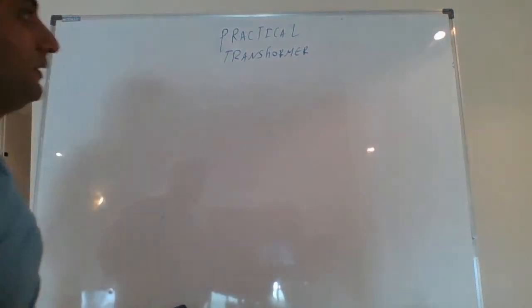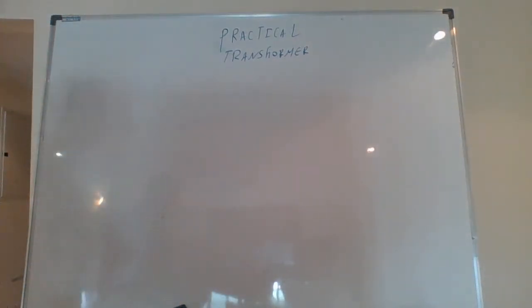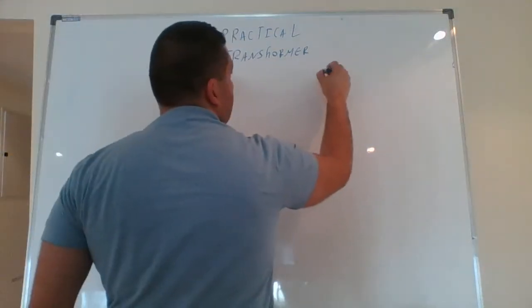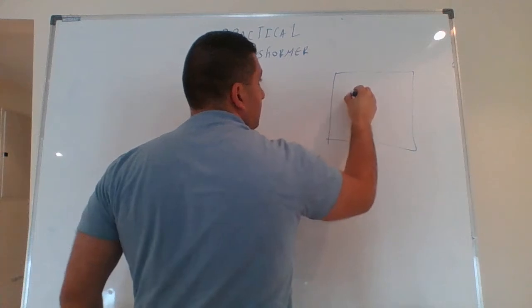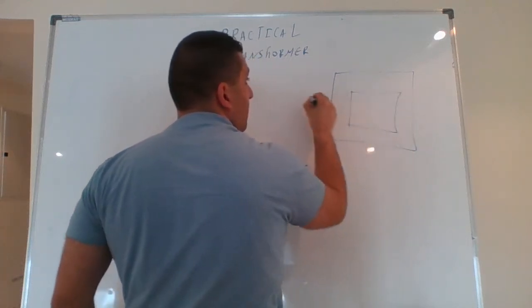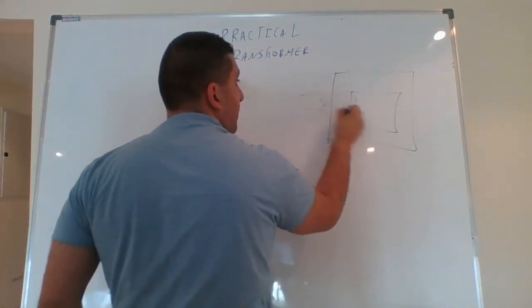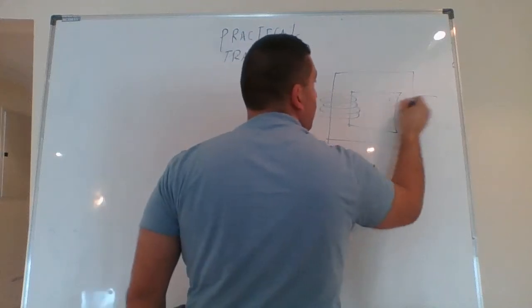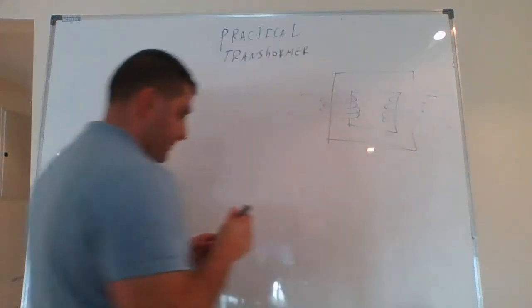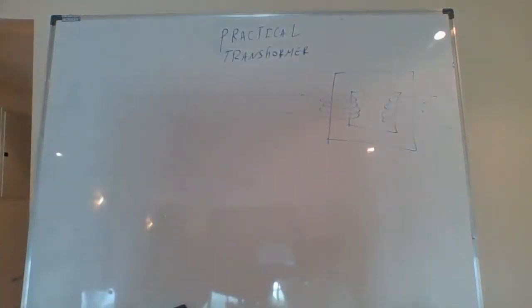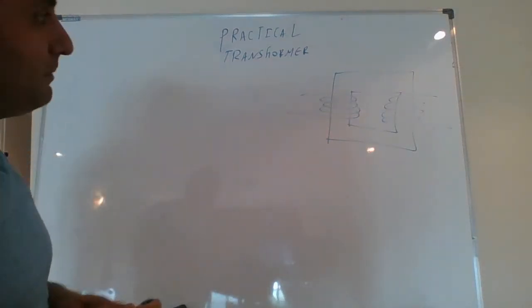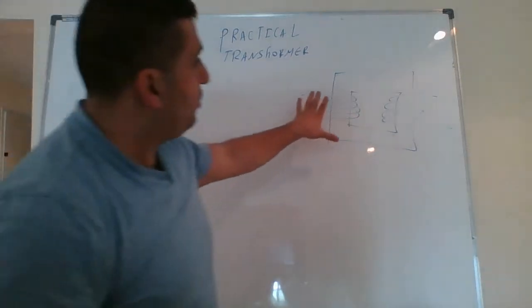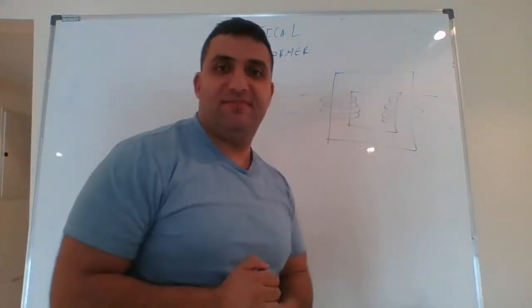Okay, let's have a look. Now, this is my transformer. From the circuit of the transformer, I can see that my transformer has a primary winding and a secondary winding.